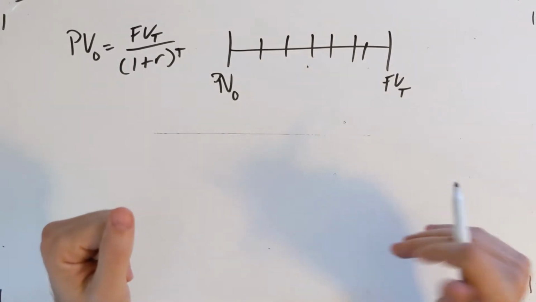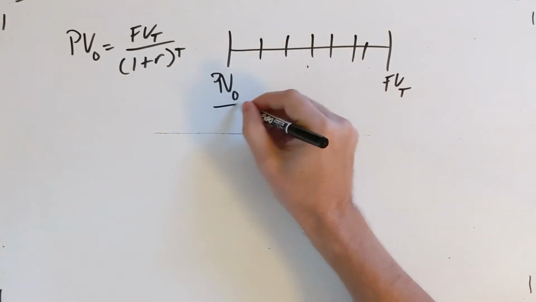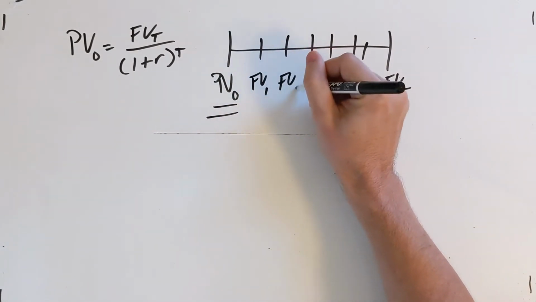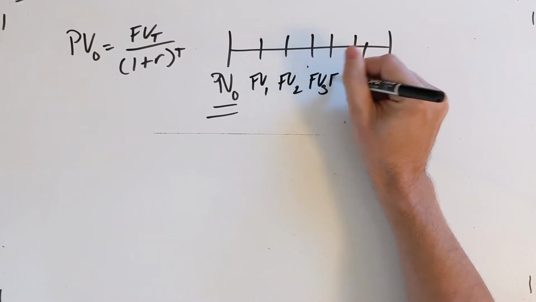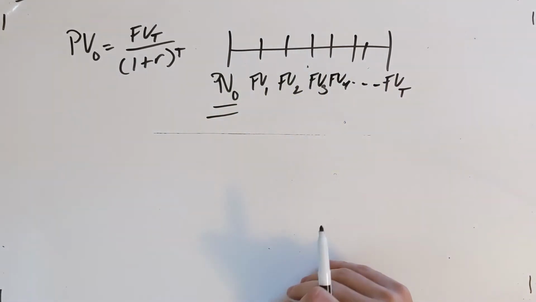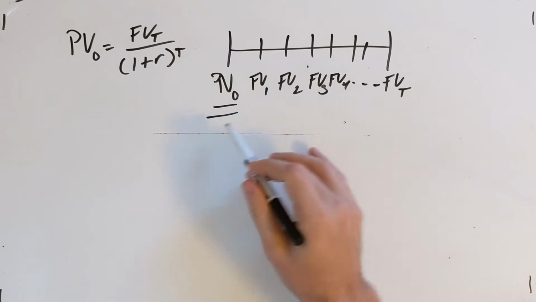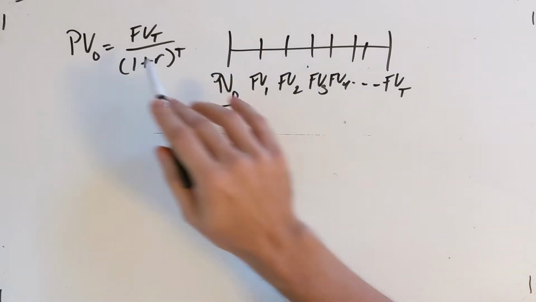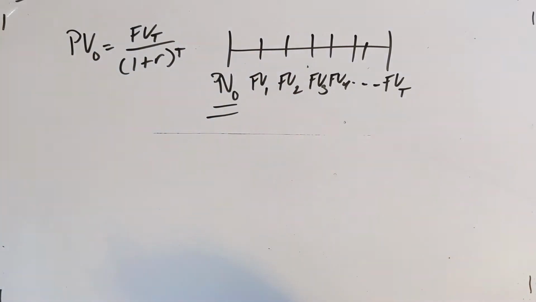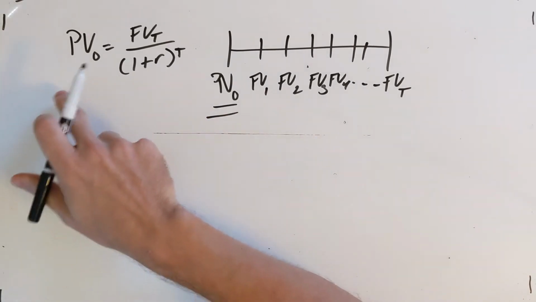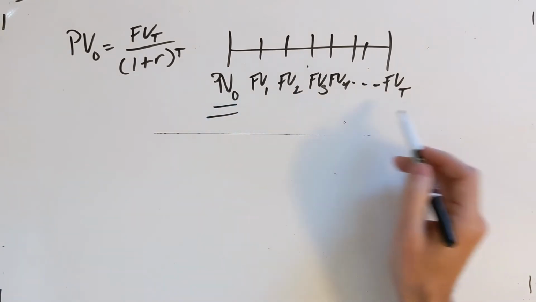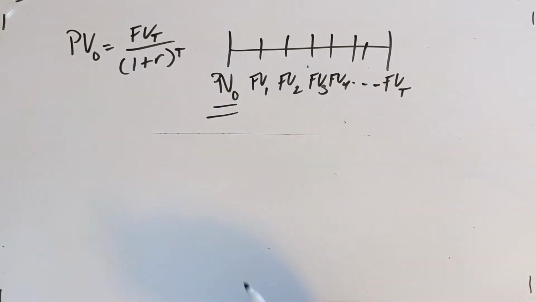In that case, you borrow a lump of money up front, and in exchange you make a series of payments, on and on until you fulfill your obligations and you pay off that loan. So this cannot be handled all at once with just this formula because we've got multiple cash flows, not just one. The nice thing about that is this formula is the underpinnings of how we would value multiple future cash flows and find an equivalent present value.